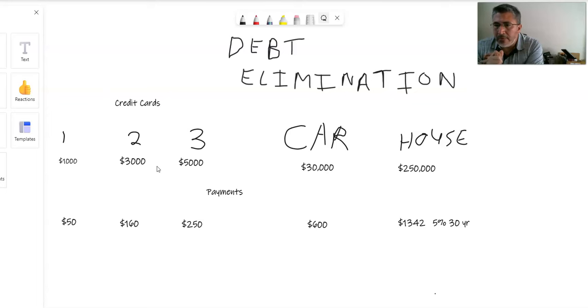They don't have to approve you. They don't have to check your credit. They don't have to check your income and all of that stuff.